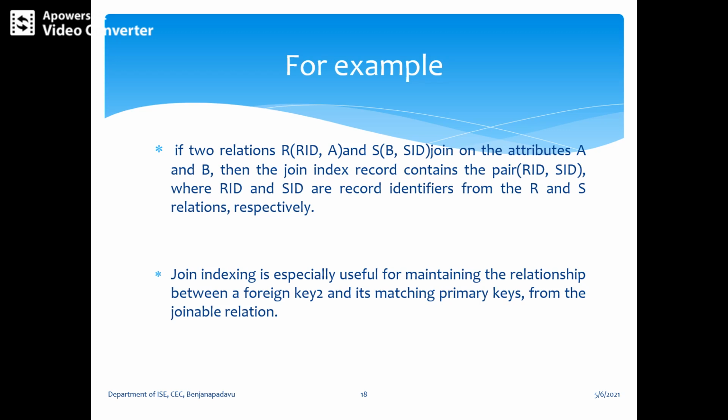Join indexing is especially useful for maintaining the relationship between a foreign key and its matching primary key from the joinable relations, though the implementation of a foreign key is a little bit costly compared to the bitmap index.